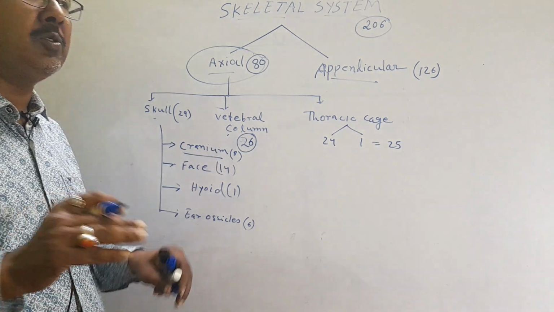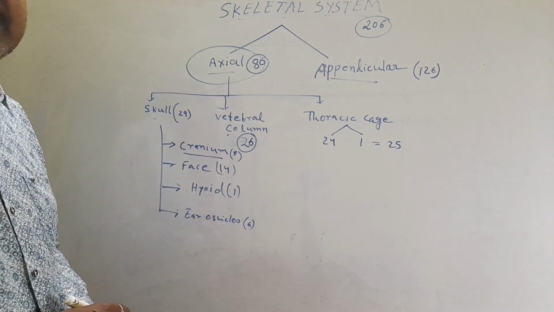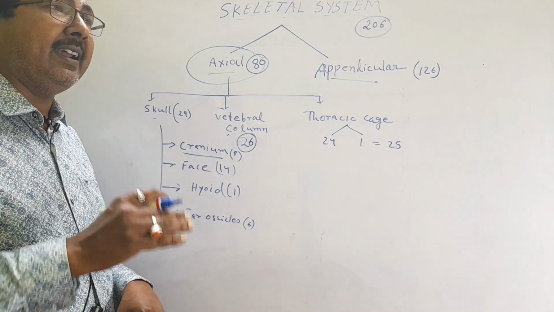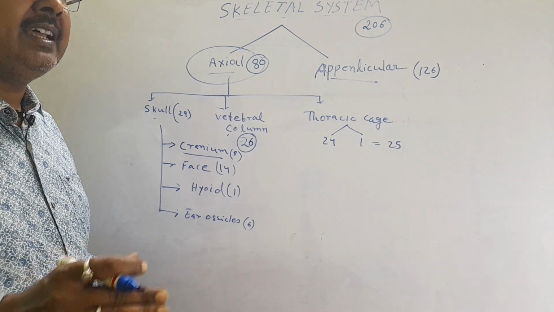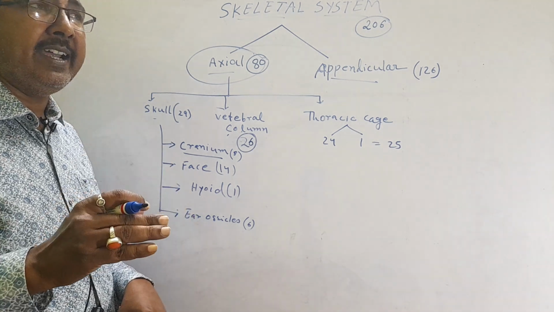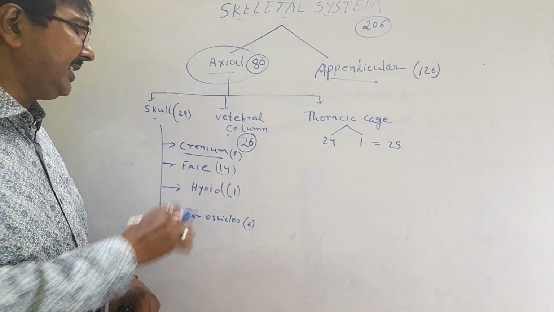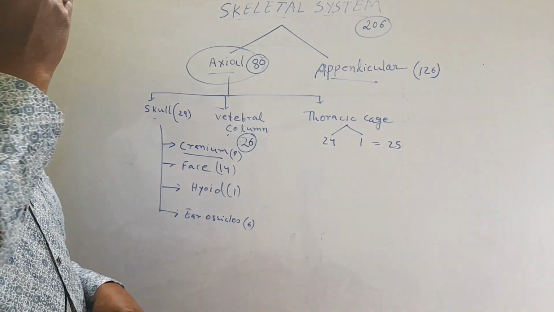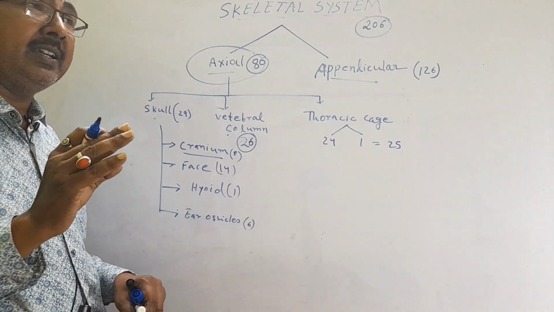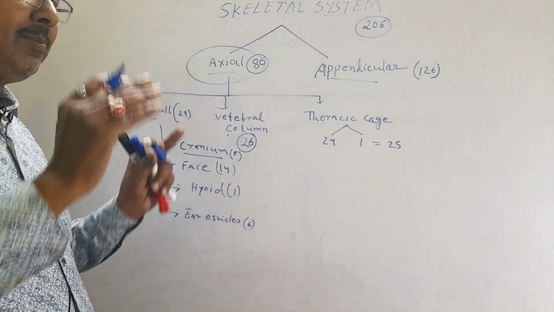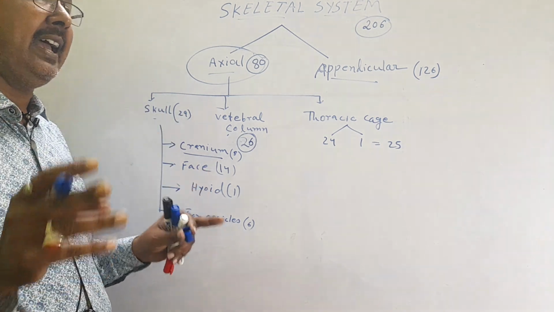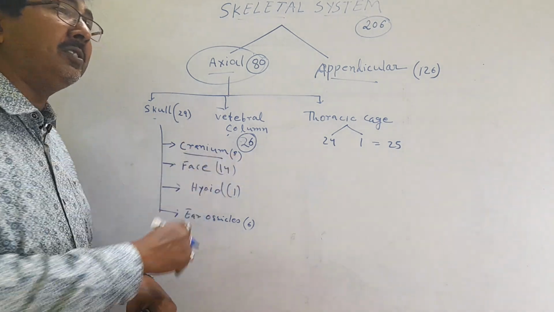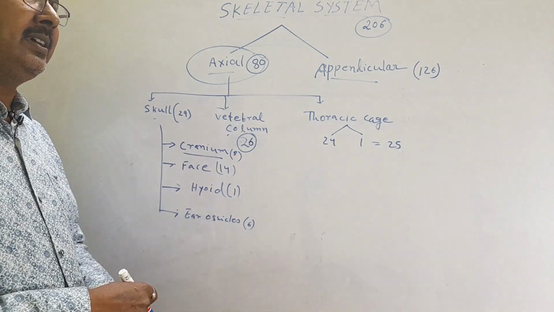What are these bones? Frontal, parietal, occipital, temporal, sphenoid and ethmoid. Frontal and occipital are 1 each, parietal and temporal are 2 each, and sphenoid and ethmoid are 1 each. So that's the 8 bones present in the cranium.